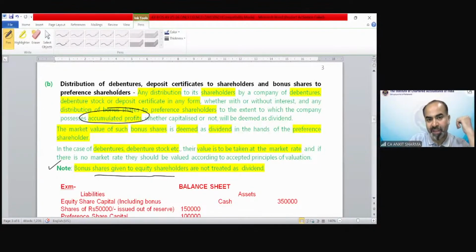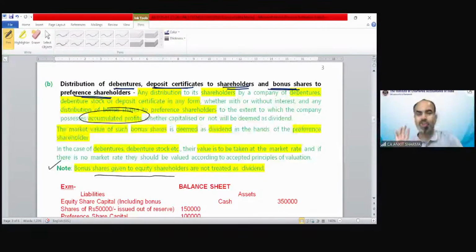Now 2(22)B says distribution of debentures, deposit certificates to shareholders and bonus share to preference shareholder. So generally we allot bonus share to our equity shareholders. That is okay. But if any company issues bonus share to its preference shareholder, it would be treated as deemed dividend in the hands of those preference shareholders.